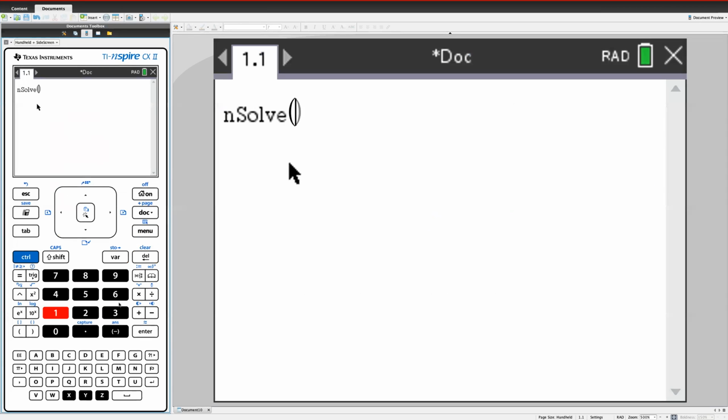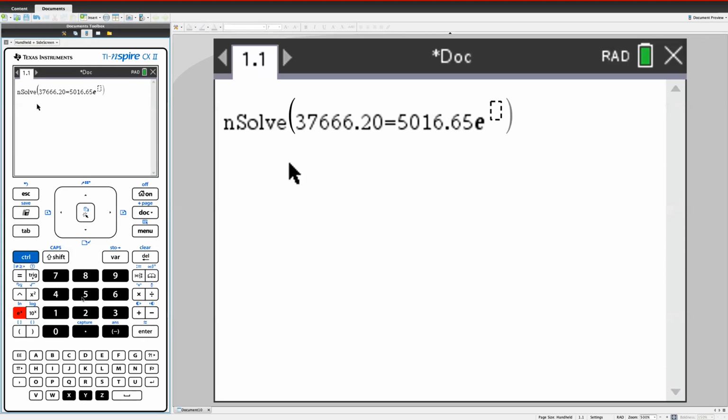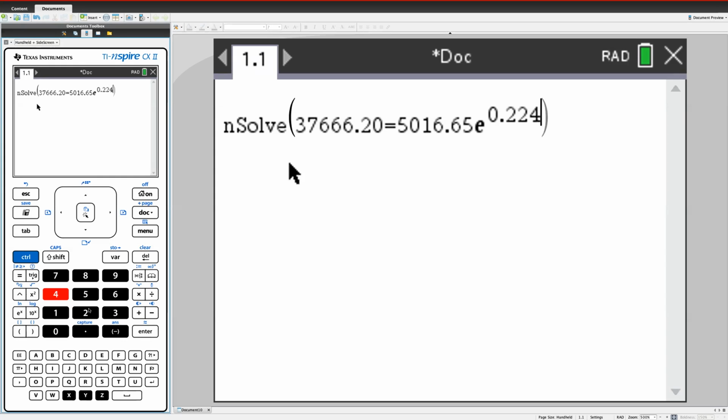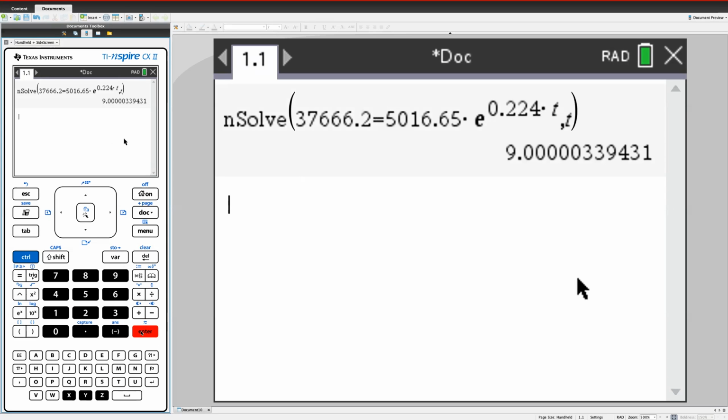What was the final amount? 37,666.20 equals 5,016.65 times e to the 0.224 t. And our t is unknown. Press enter. 9 years. It's been 9 years.